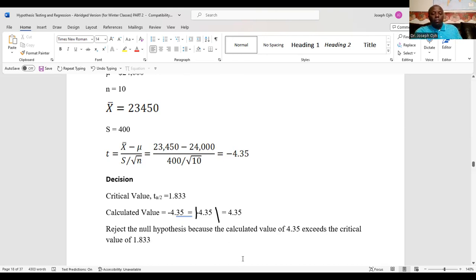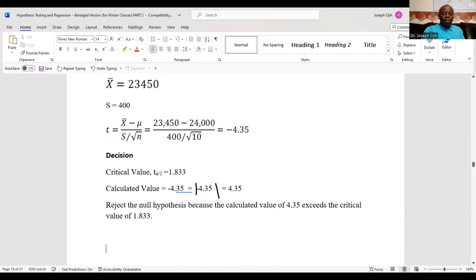So that's why you reject. So we can now make our decision. Conclusion.